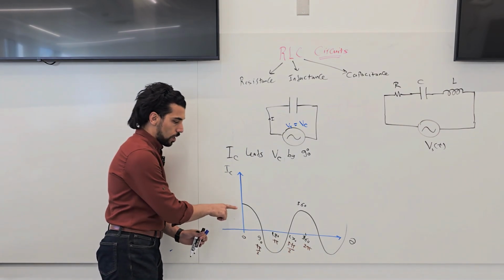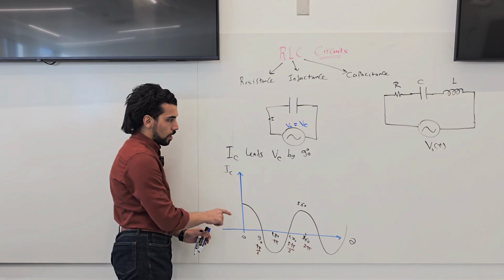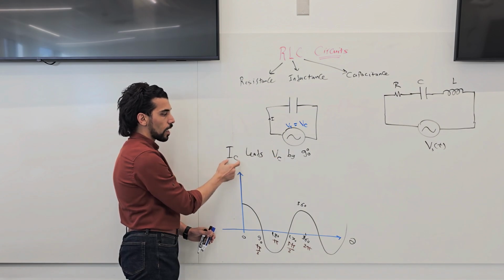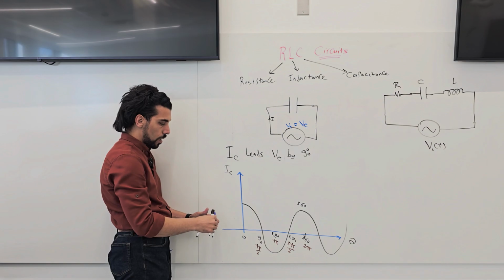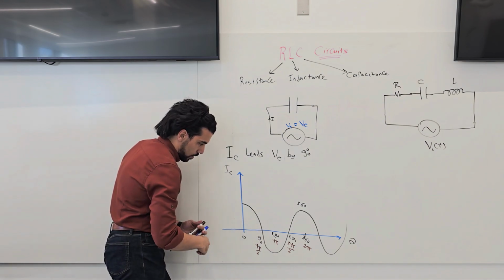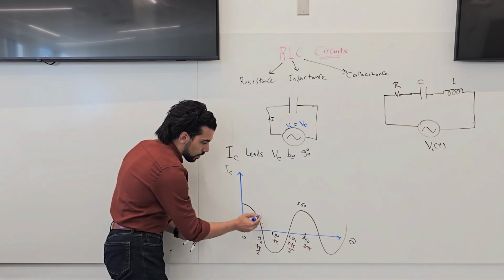So if the current starting from here at 0 was the maximum, the voltage basically comes after. So the current comes first, then the voltage comes after with the 90 degrees. So that means at 90 degrees we are going to have the voltage itself.